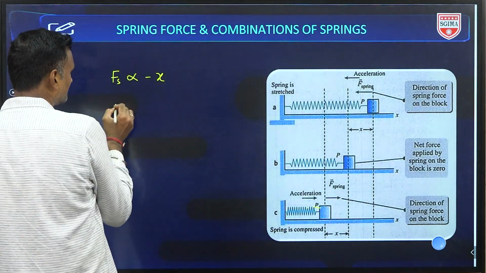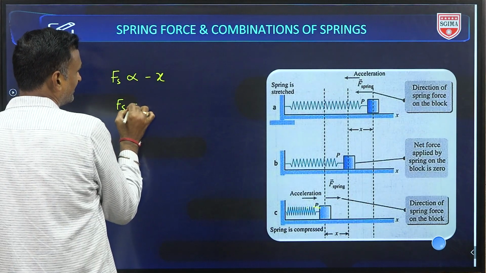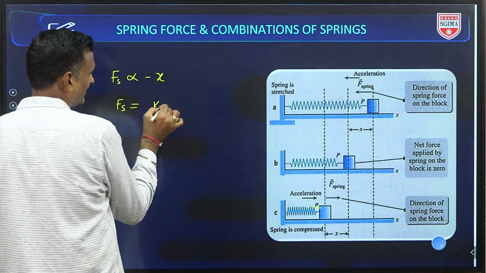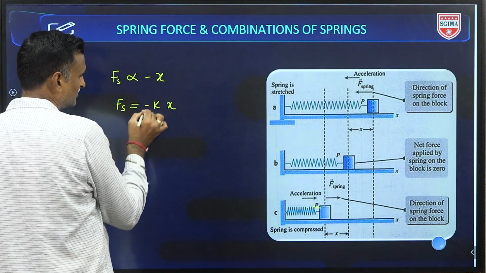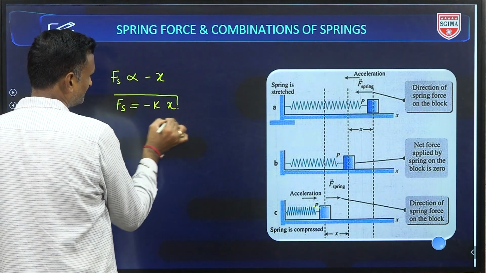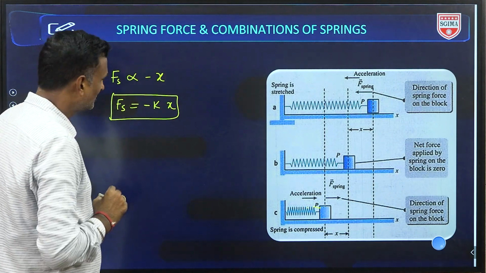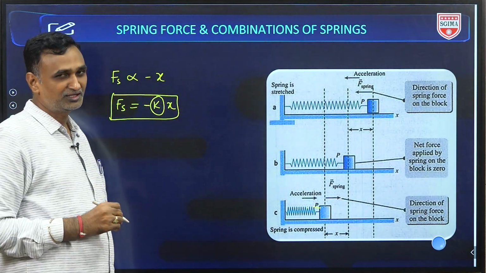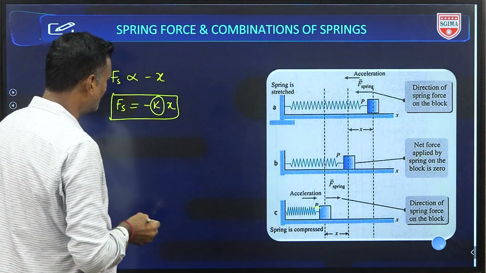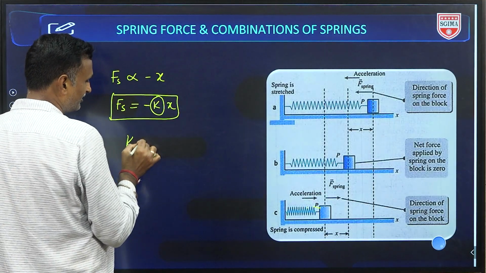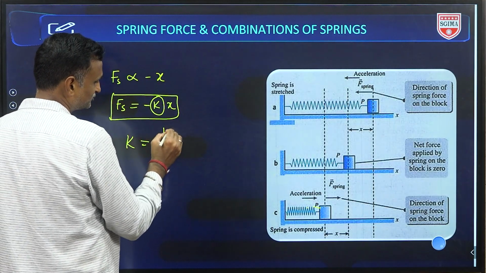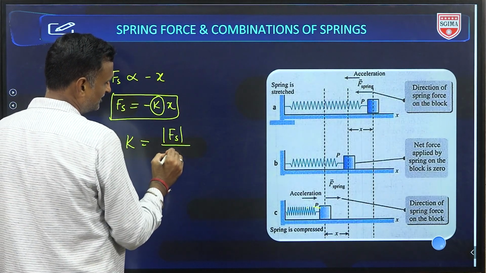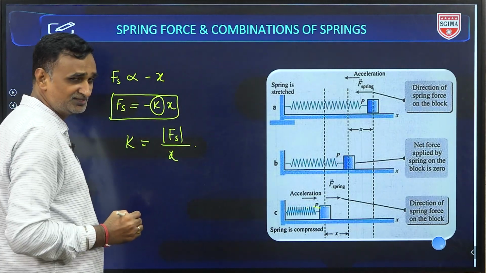On removing the proportionality symbol, we take a constant, that is k, so F = -kx. This is the expression for the spring force, and in this the k value is called the spring constant or force constant. k can be written from this formula as the magnitude of the spring force divided by the length of deformation of the spring.